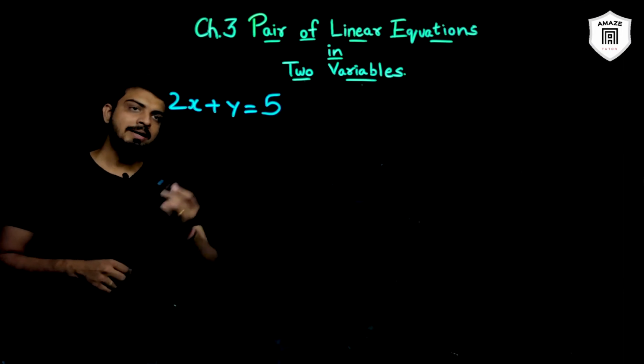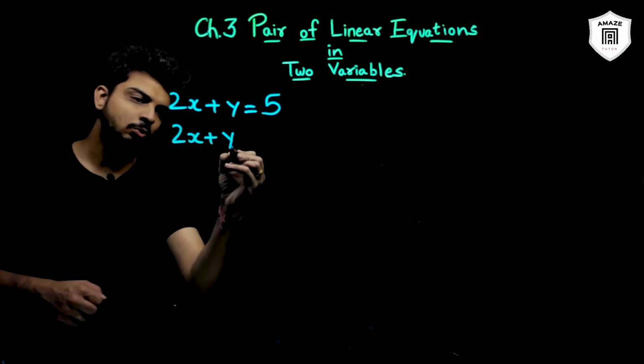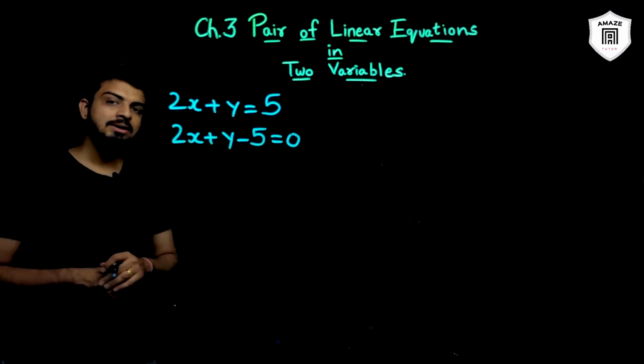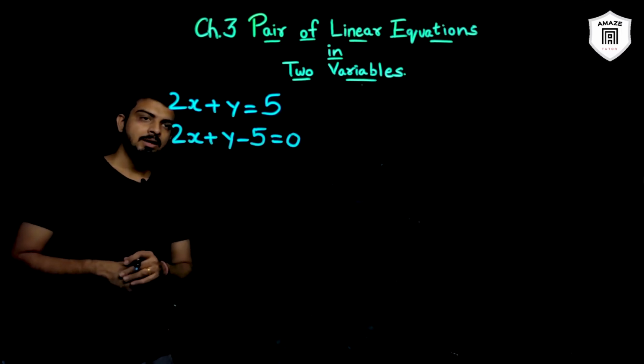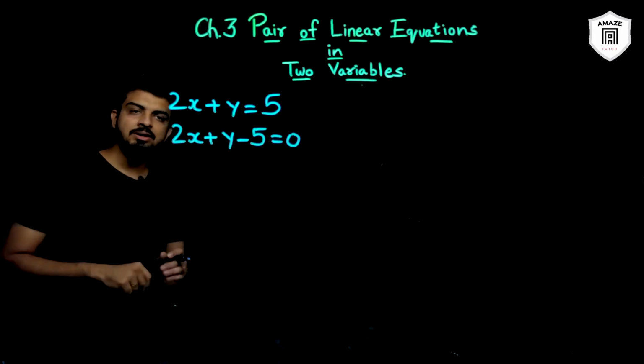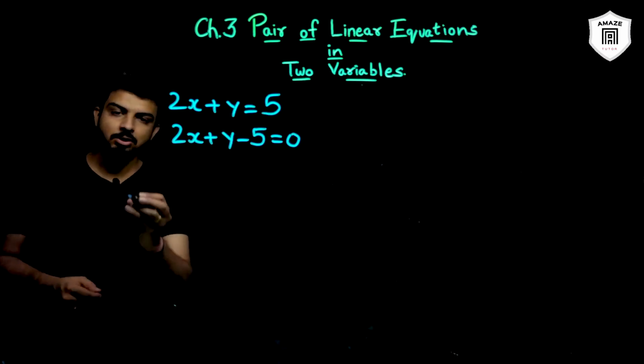So now I can rearrange it and write it in the form 2x plus y minus 5 equals to 0, okay? Now this form, from this form we can write down the general form or standard form of linear equation in two variables.